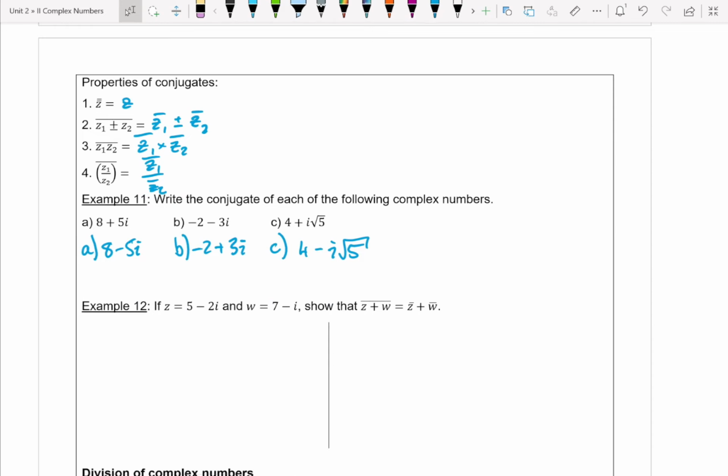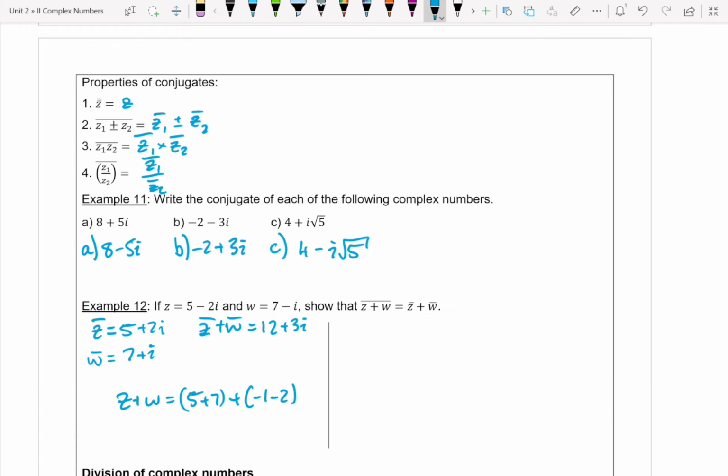Example 12, if z equals 5 minus 2i and w equals 7 minus i, show that the conjugate of z plus w is z conjugate plus w conjugate. So show that the conjugate of the sum is the same as the sum of the conjugates. So z conjugate is equal to 5 plus 2i, w conjugate is equal to 7 plus i, so z conjugate plus w conjugate is equal to 12 plus 3i. z plus w is equal to 5 plus 7 plus negative 1 minus 2i.